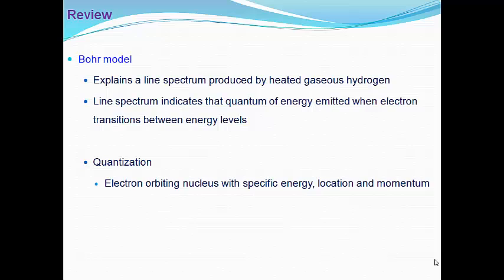The proposal shows that the electron is circulating or orbiting the nucleus at specific distances from the nucleus, and it loses energy or gains energy, thereby giving off a quantum of energy on transition from one energy level or one orbit to another orbit.